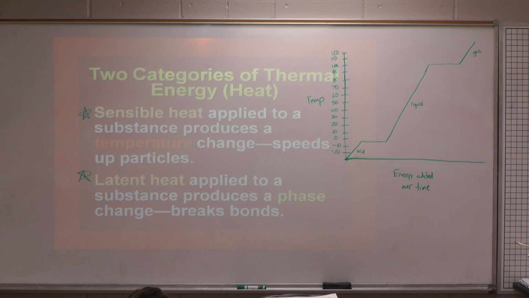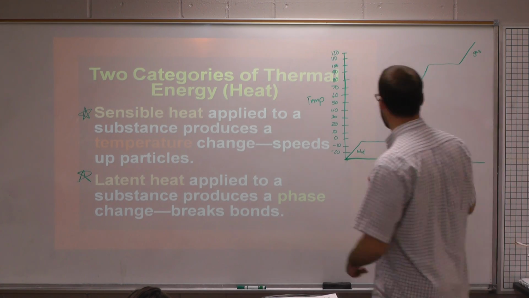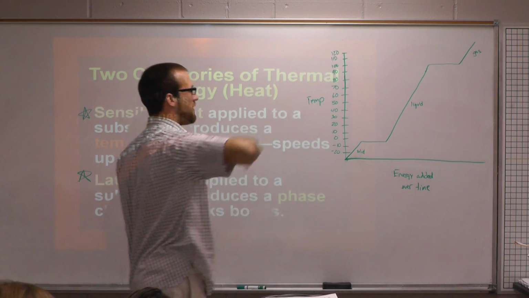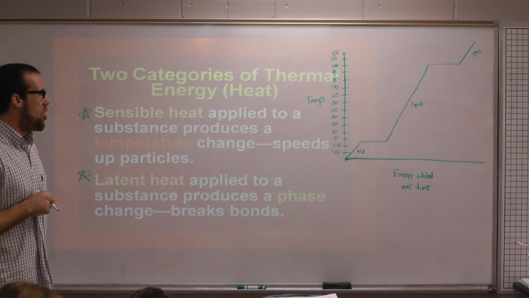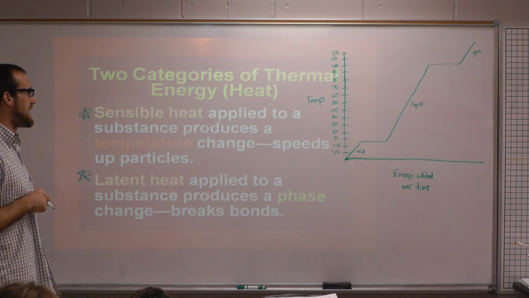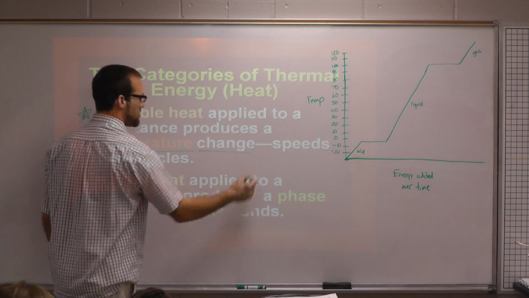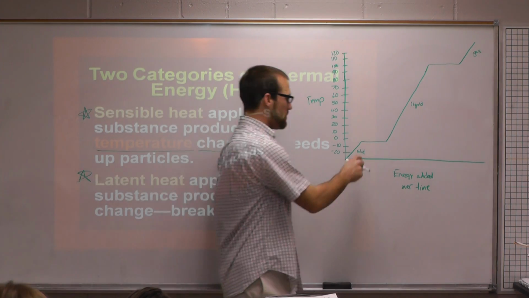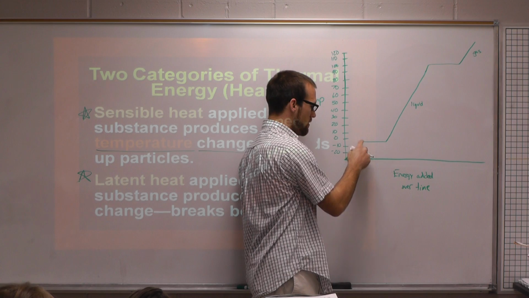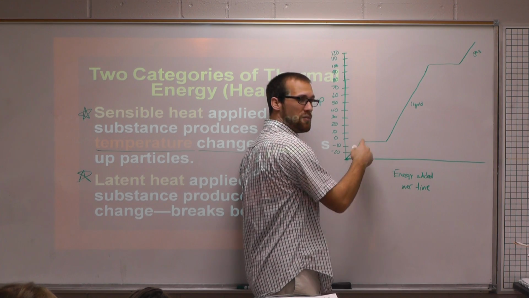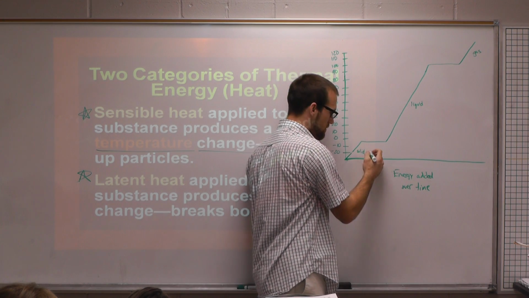Now, let's look at this graph up here, and what areas represent sensible heat, or areas where we see a temperature change. Do I have a temperature change here? No. At the curve? Oh, yes. That's temperature change. What kind of heat is that?